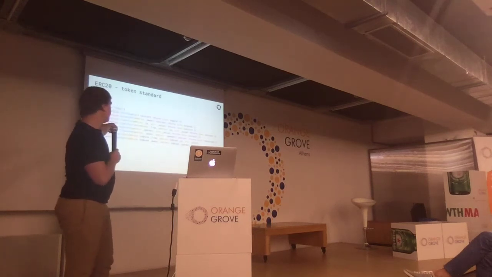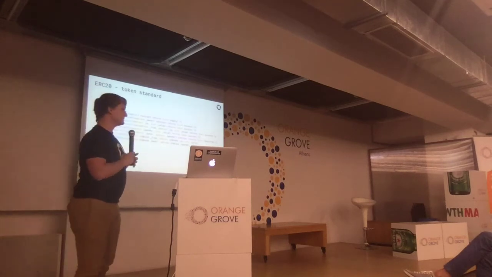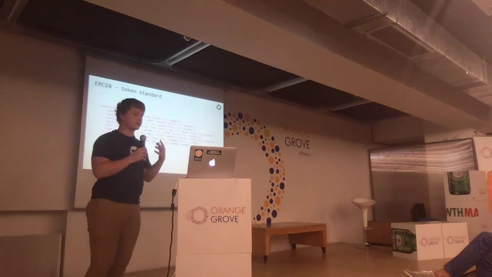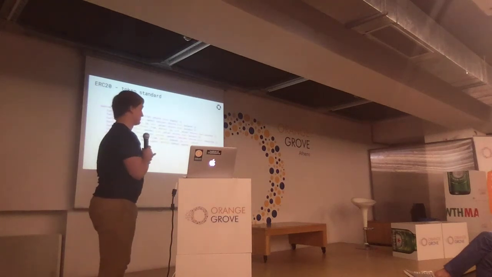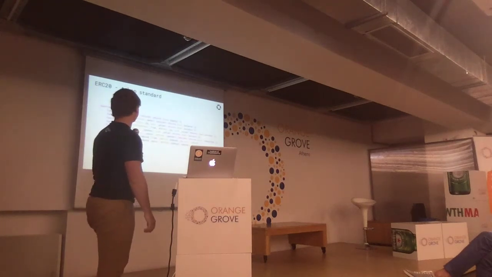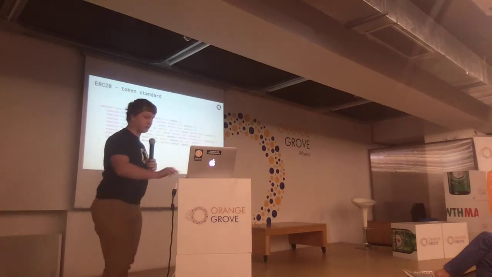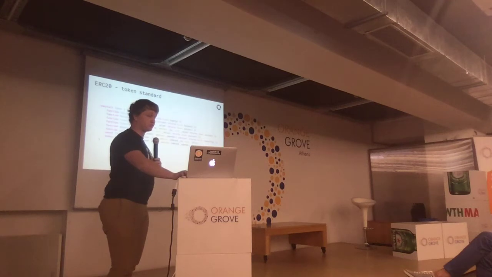And you can approve a spender to spend this much of your tokens. So for example, I, as Bob, approve Alice to spend 5 of my tokens, and later Alice can transfer 5 of my tokens to Lily without asking my permission anymore because I gave this permission in advance. And it's very critical for a lot of applications on Ethereum, and it's what makes the token so useful in real life.